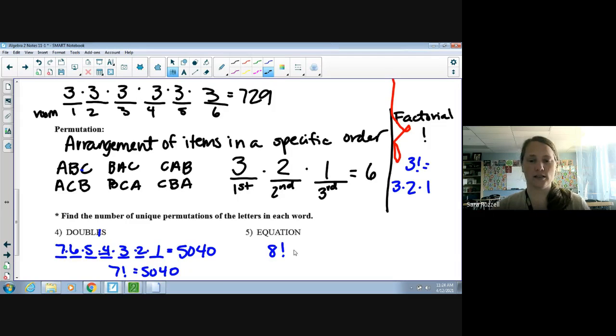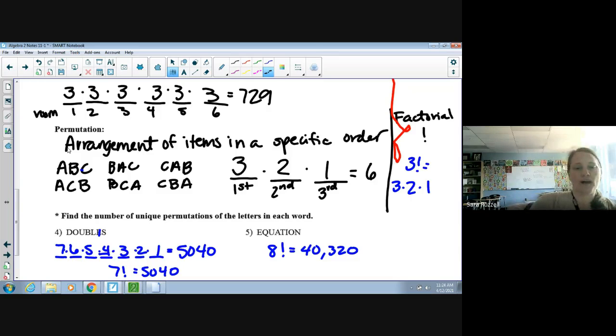And that is 40,320. Yeah, you do the exclamation point just so you don't have to type it all in. It's just a shorthand for that instead of having to do all that part.